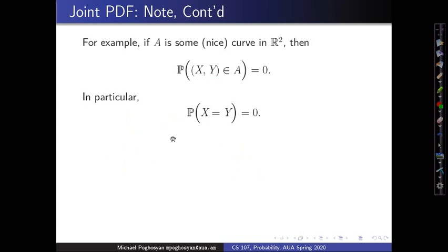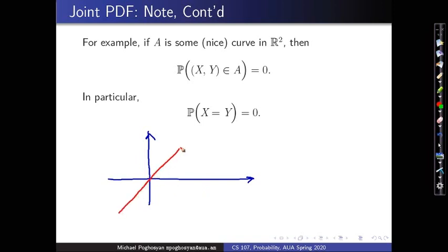In particular, if the pair (X, Y) is a jointly continuous random vector, then the probability that X is equal to Y is 0. Why is this? Because we want to find the probability that our point (X, Y) is on this line x equals y.